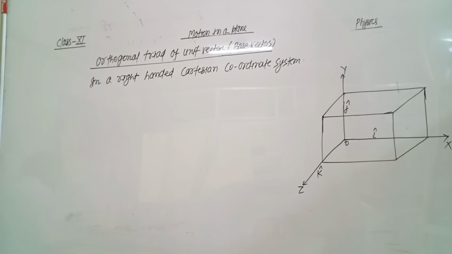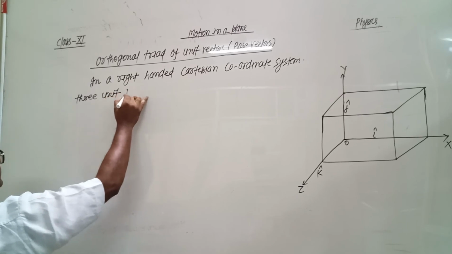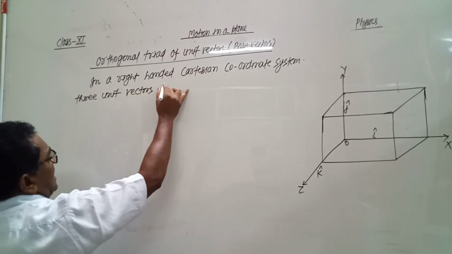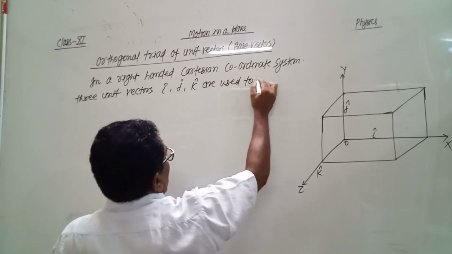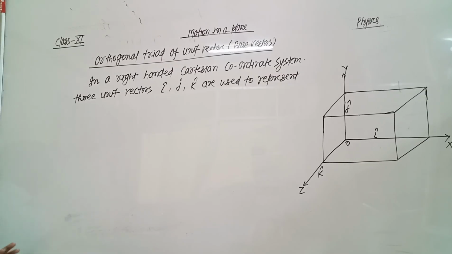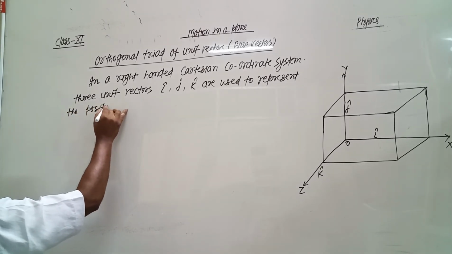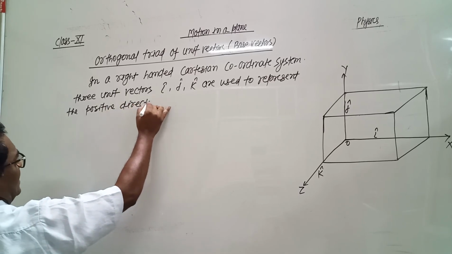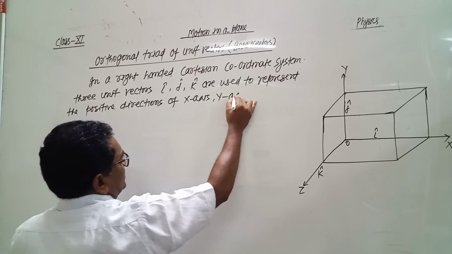So in a right-handed Cartesian coordinate system, three unit vectors i cap, j cap, k cap are used to represent the positive direction of x-axis, y-axis and z-axis.